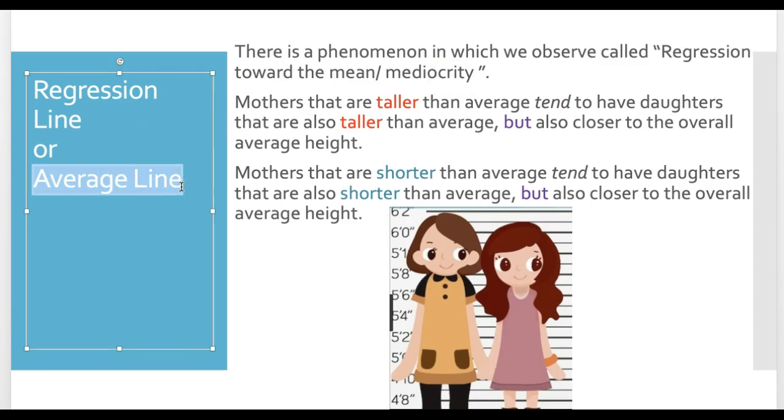This line represents a bunch of different averages of the daughter's height over different values of mother's height. But Sir Francis Galton, who discovered this phenomenon of regression toward the mean, said that if you're really tall, over time your heights are going to regress towards the average height.